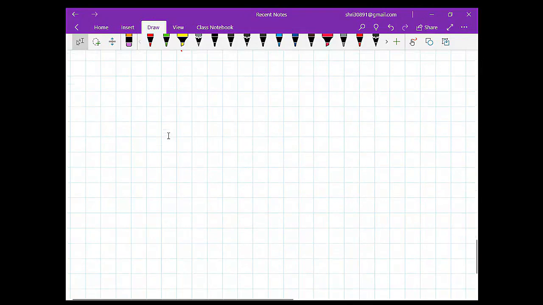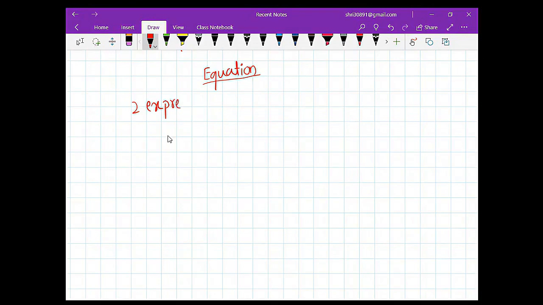See what is meant by equation first. Listen carefully first, then write in your notebook if you want to make notes. As I already told, if two expressions are separated by an equal sign, then it is an equation.